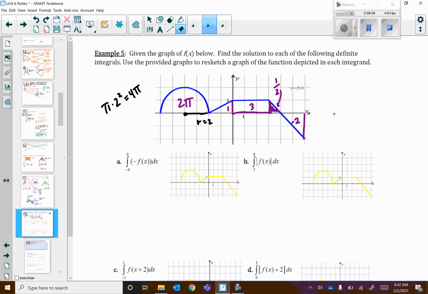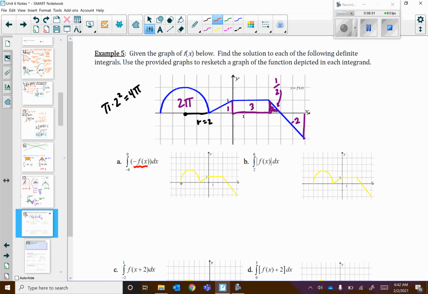All right, now let's look at our first example. The first one says the integral from -4 to 0 of negative f of x with respect to x. So first I'm going to start by doing this transformation. The opposite of our function, think about it, remember back to transformations, changing our y values. This is a reflection over the x-axis.